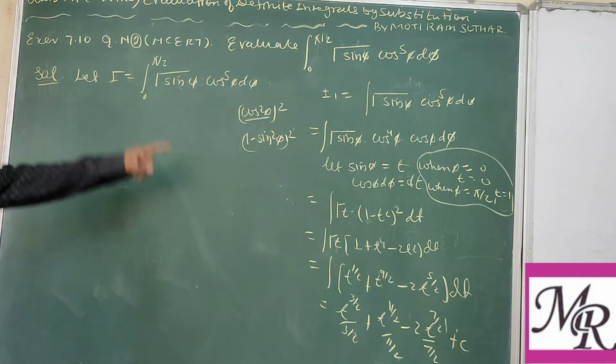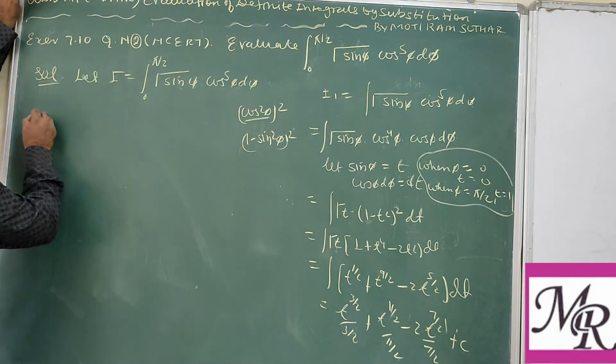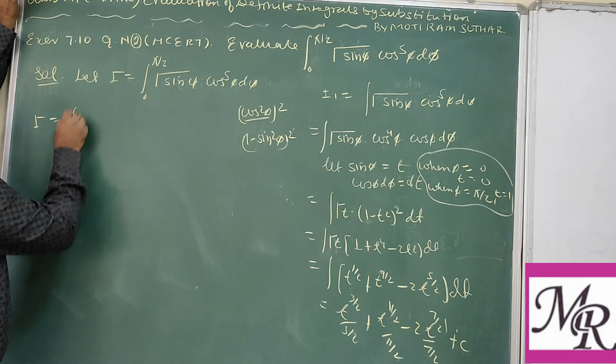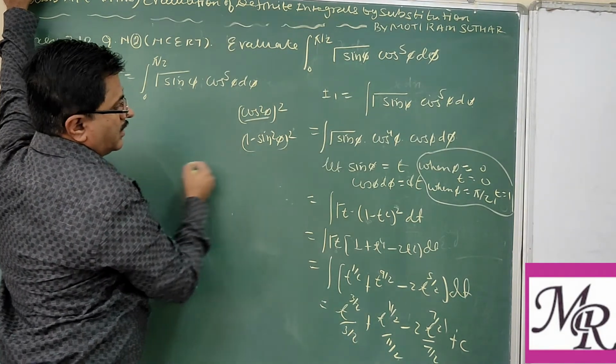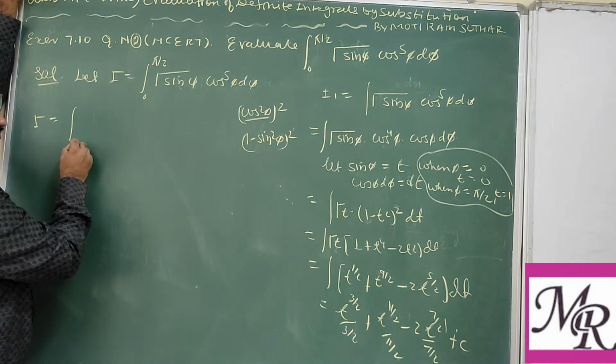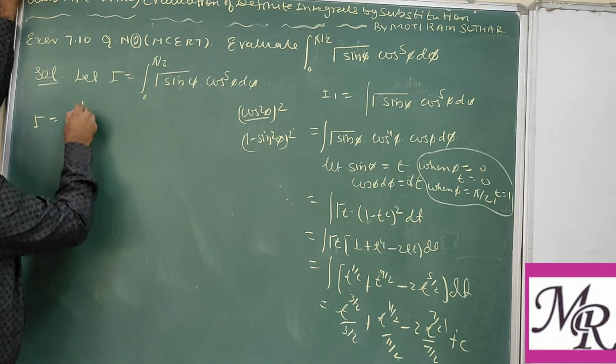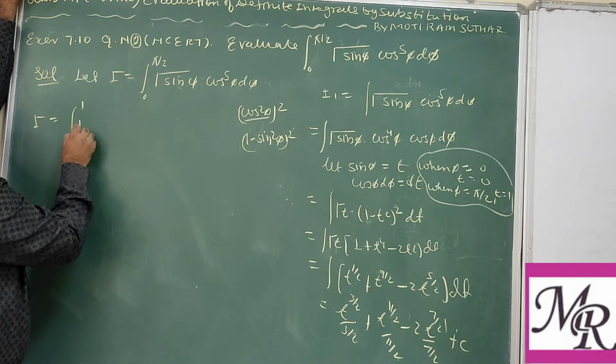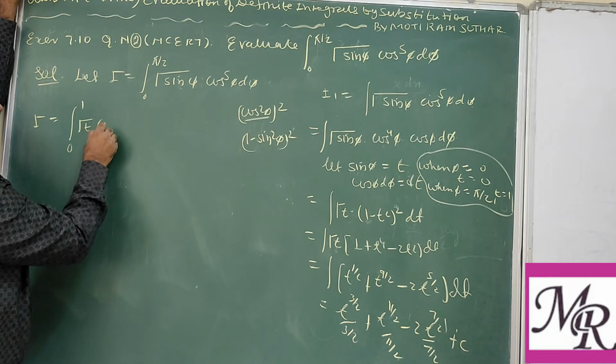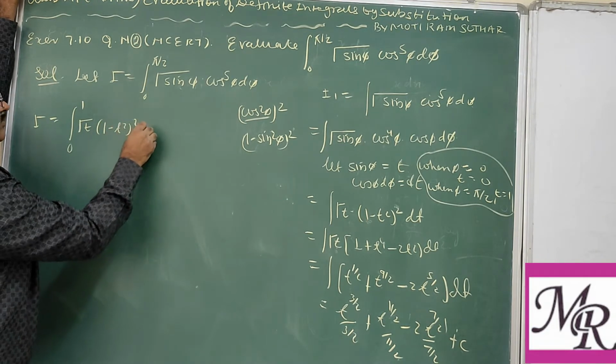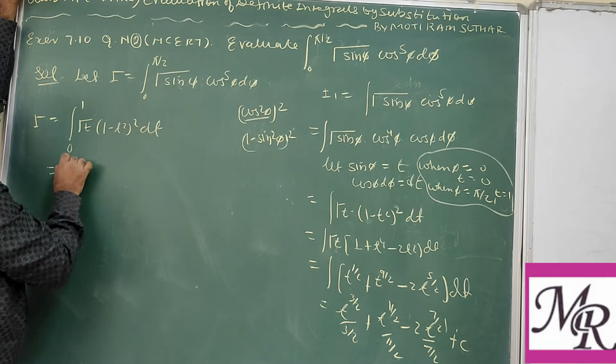Now these values we have to substitute here. So I is equal to, according to the new variable, our integral from 0 to 1 of root t into (1 minus t square) whole square. And this we have already solved.